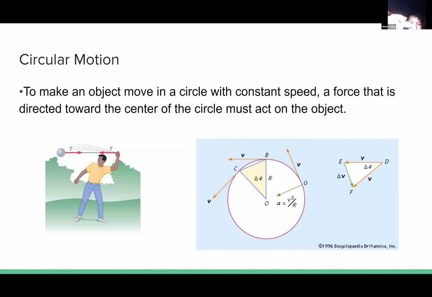And now we can talk about circular motion. So circular motion is, for example, when in this picture right here, you're rotating or spinning a ball above you. In this diagram, you can see that the acceleration is going inwards and the velocity is perpendicular to the circle, because if you're moving in circular motion, then it's going to be a perfect circle.